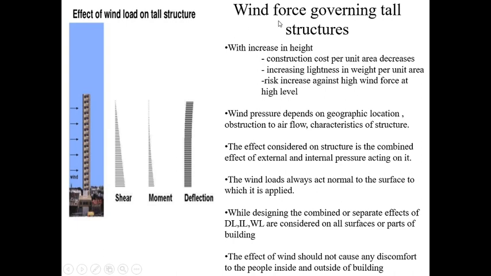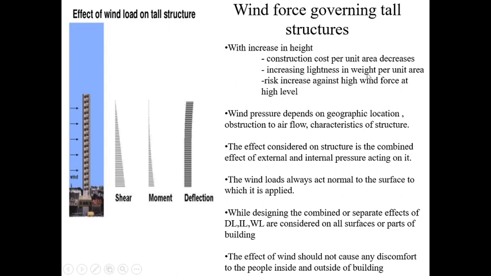Now we shall see what are the wind forces that govern the tall structure. Here is a wind. Here we can see these are the wind forces which are acting on this tall building. So now we know that it is a tall structure, which means the construction cost per unit area decreases because there is an increase in the lightness in the structure. We use the lighter materials, so the weight per unit area also is less.